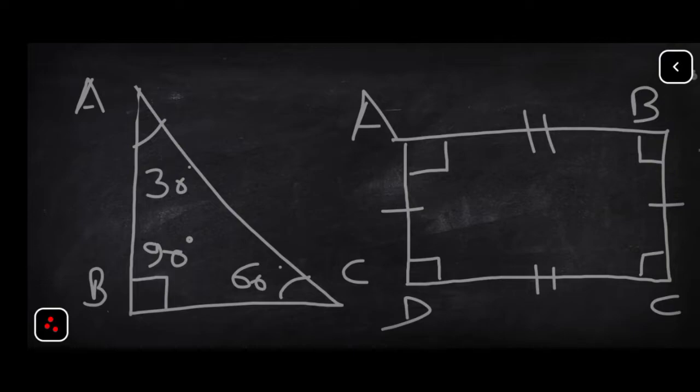For a rectangle, although the internal angles are equal, the sides have different measurements. Like AB is not equal to AD, AB is also not equal to BC, and DC is not equal to BC. So all the sides are of different measurements. So a rectangle is a perfect example of an irregular polygon.